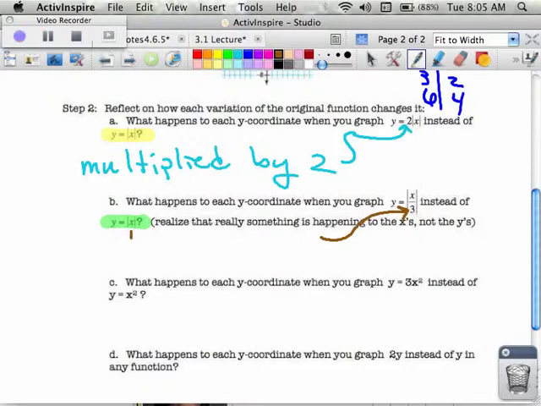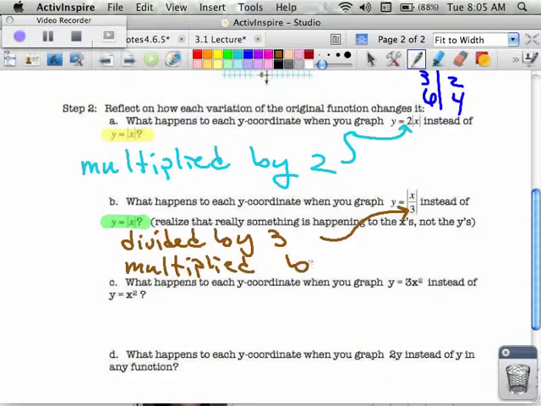So the way we approach it in our table is we multiplied it by 1/3, but really you could say divided by 3. They are the same thing.